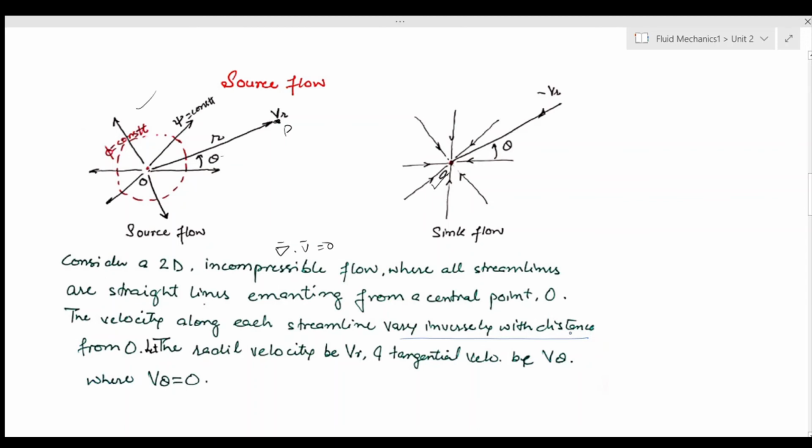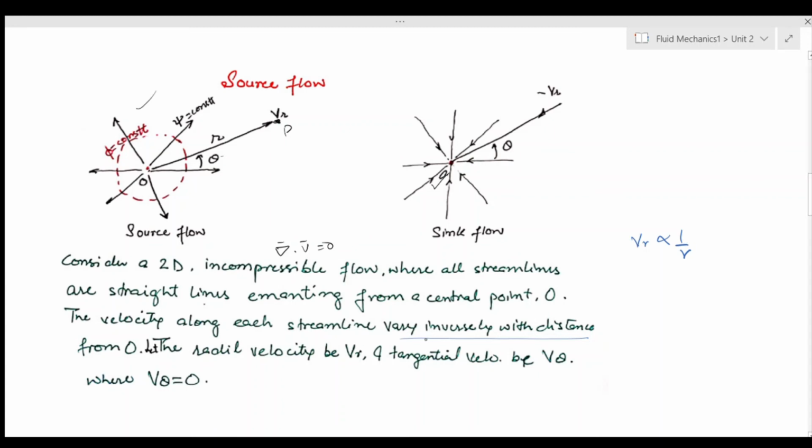As I move away, my velocity is inversely proportional to my distance r, meaning Vr is inversely proportional to r. This is something which I will prove mathematically also. It is not something I am imposing on you, but I will show it to you mathematically.